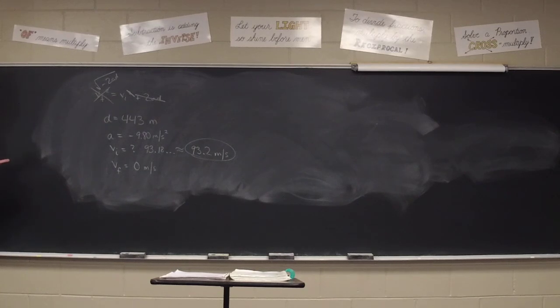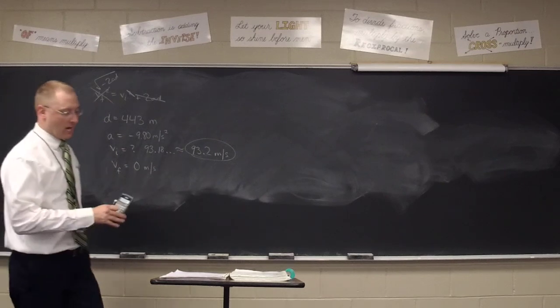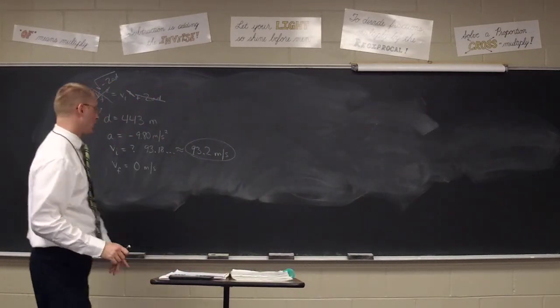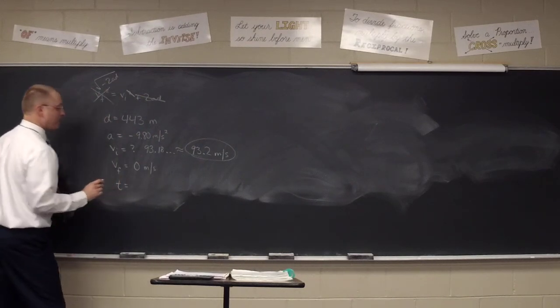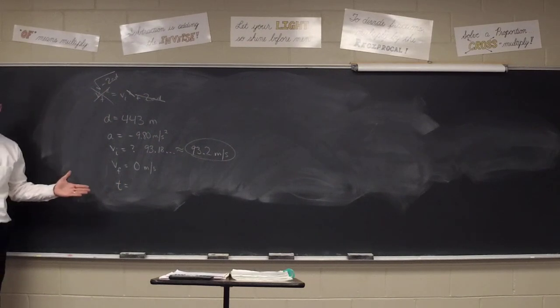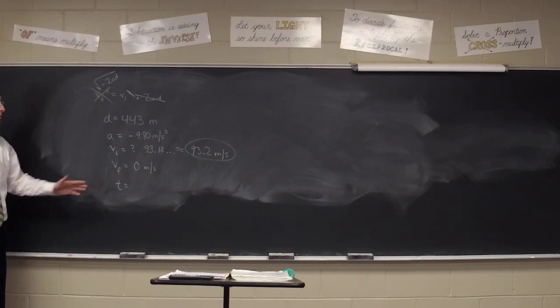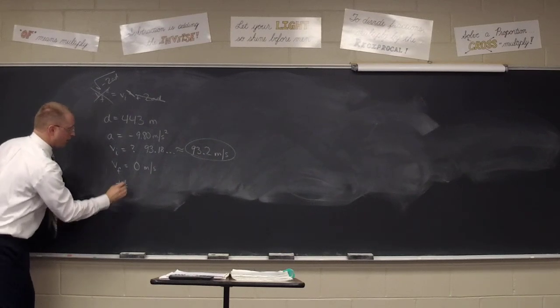Questions on this? Second part of the problem says, how long will the ascent take? How long would it take for the arrow to get all the way up there? Again, this is only time up. If we wanted the total time, we would find time up and then double it. But we just want the time that it takes to get up there.